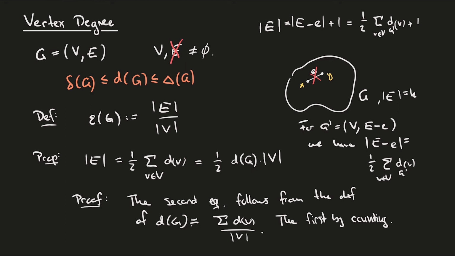Therefore, the sum over all the degrees will go down by 2 in G prime as compared to G. Thus, indeed, this sum over all the degrees in G prime is actually the sum over all the degrees in G minus 2. And now if we multiply out this fraction with the 1/2, the -1 and the 1 cancel, and we get the desired equality.